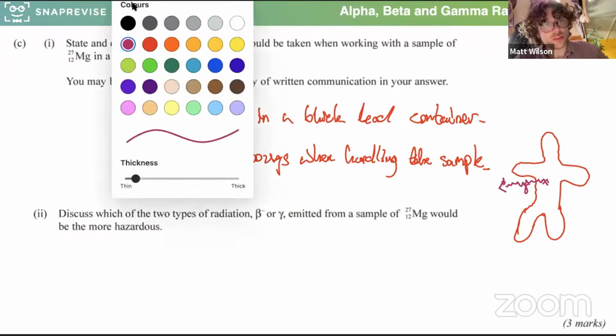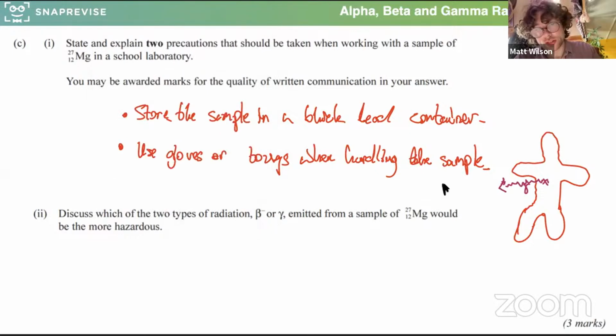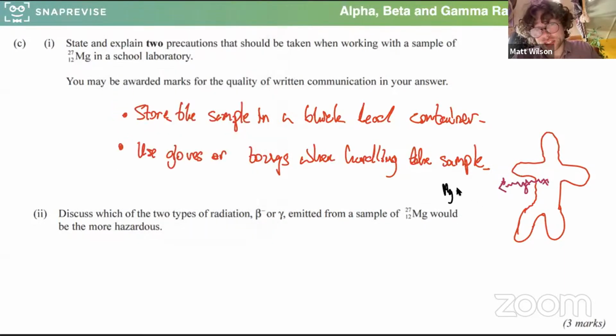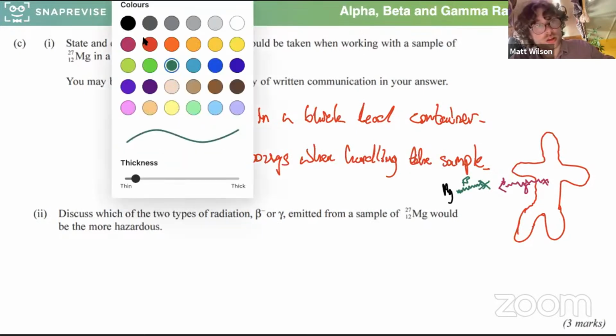However, now we're dealing with a sample which is actually far away from us. It's over here somewhere. Here's our magnesium. And so what's going to be more dangerous? Well, beta radiation is stopped by a meter of air. So beta radiation is going to get to about here and then stop, so long as you stand far away from it.